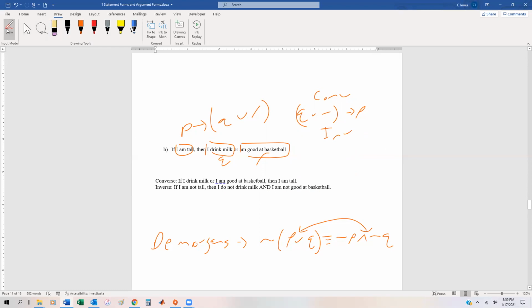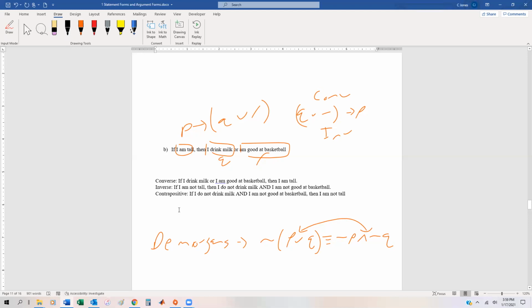The contrapositive is going to have the exact same issue. So the contrapositive of this would be, we're going to negate this: if I do not drink milk and I am not good at basketball, then I am not tall.